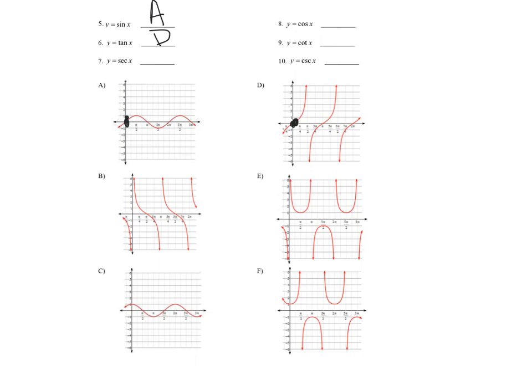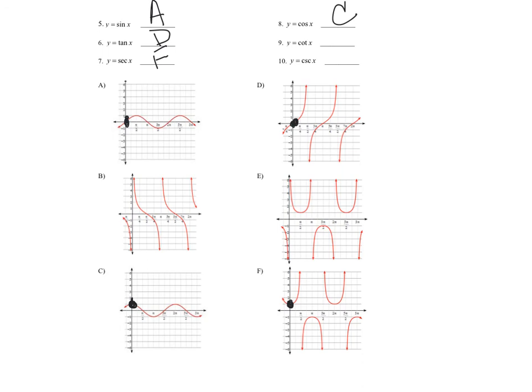So we know that cosine crosses the graph at y equals 1. So that's this one right here. So we know that the answer to 8 is C. And so secant is going to be the graph that also crosses at 1, which is going to be this one. So that's the U-shaped graph that crosses the y-axis at 1. That's going to be secant, F.